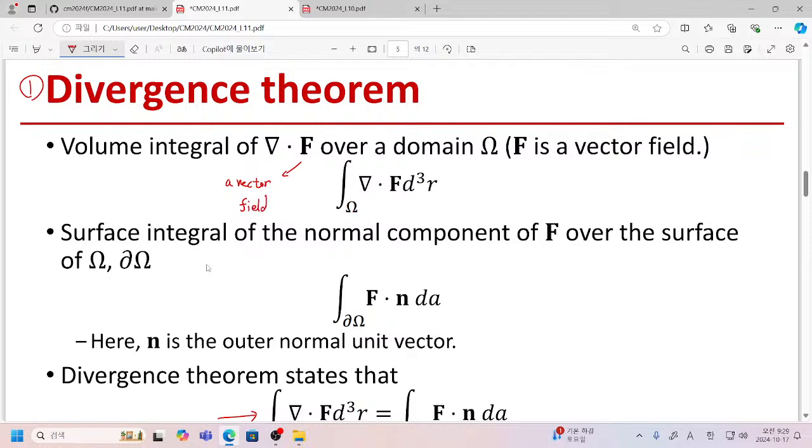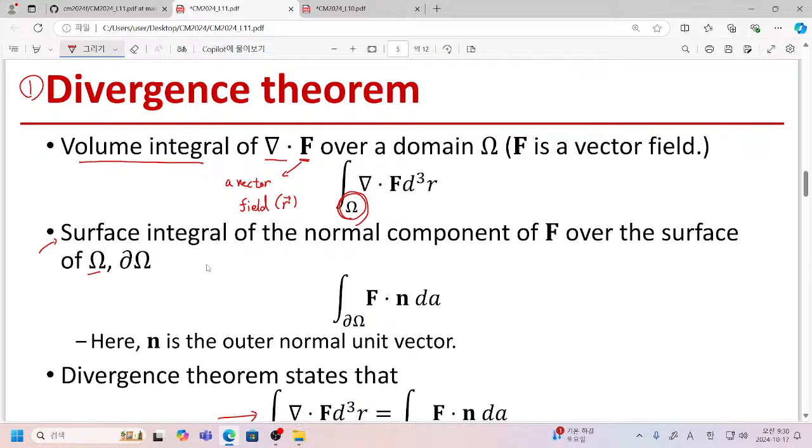So this is a position dependent quantity, and it is a vector, and we take the divergence of this vector field and integrate it over a certain domain omega. What is omega? It's up to you. You can just think of a certain volume, and yes, this is the volume integral. And consider another one, the surface integral over its surface.